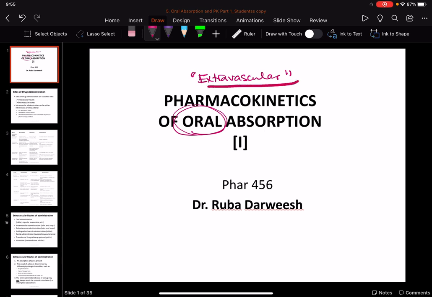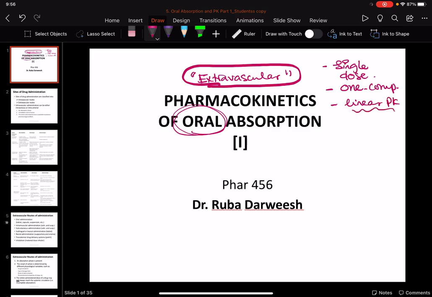But we will talk in general about extravascular kinetics, and we are going to talk about a single dose of extravascular route of administration, and also with one compartment kinetics. We will talk about linear kinetics, but before we reach this point, we will talk a little bit about some information that you need to know about the extravascular kinetics.